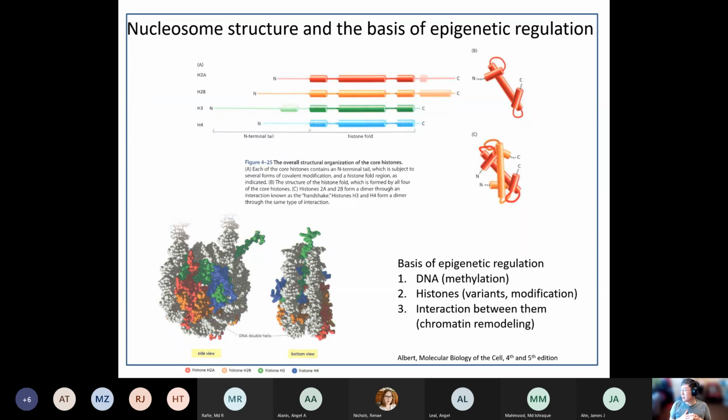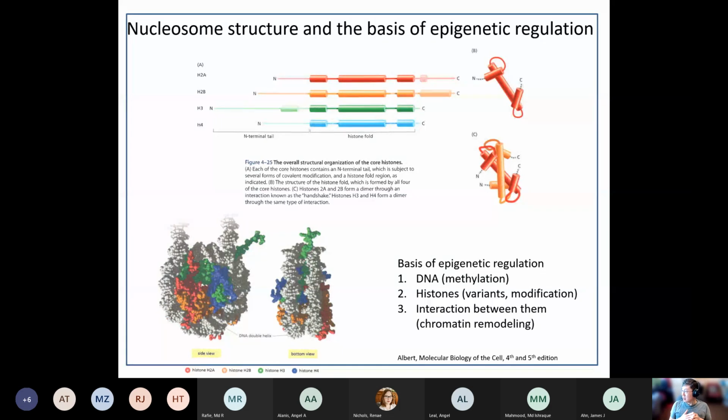But today, I just want to point out that you can observe in the illustration on the top panel, each histone has a so-called histone fold. That's the common sequence, the common domain of all the four histones.